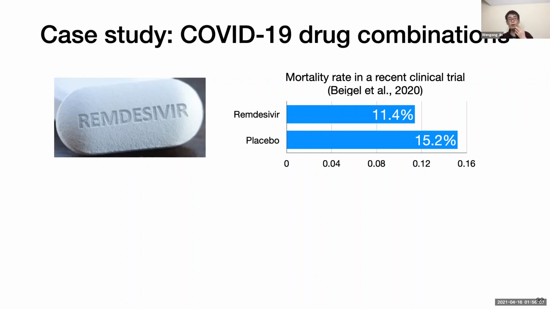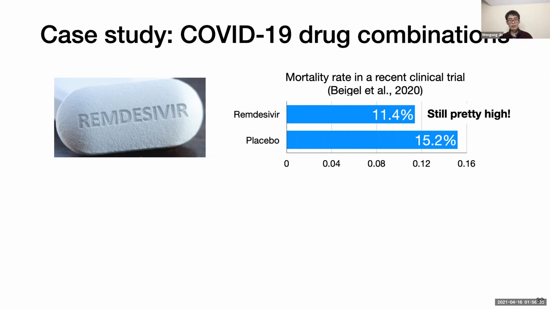The reason we wanted to do drug combinations instead of single drugs is simply that they are more effective. Remdesivir is an FDA-approved drug for COVID-19, and it's only a single compound. But a recent clinical trial shows that its mortality rate is not low enough, and it's only 4% lower than the placebo.